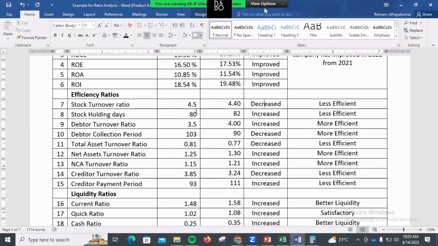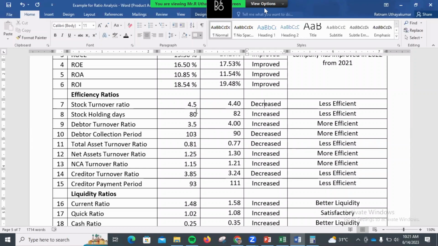But in this company, you observe that it has decreased marginally. So when comparing, you interpret it as less efficient than the previous years. For the holding days, you should have the minimum, lower days, but here it increased, so it becomes a negative also. When interpreting both stock turnover and stock holding, we should give the same interpretation: less efficient.